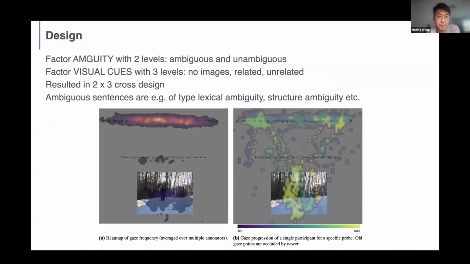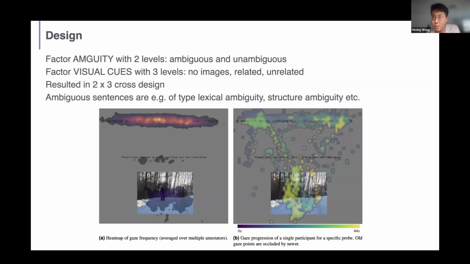So more on the visual cues and ambiguity, we have these two aspects as our two factors. For the ambiguity factor, we have two levels, unambiguous sentences or ambiguous sentences. And the second factor, visual cues, has three levels: no images at all, an unrelated image or a related image.